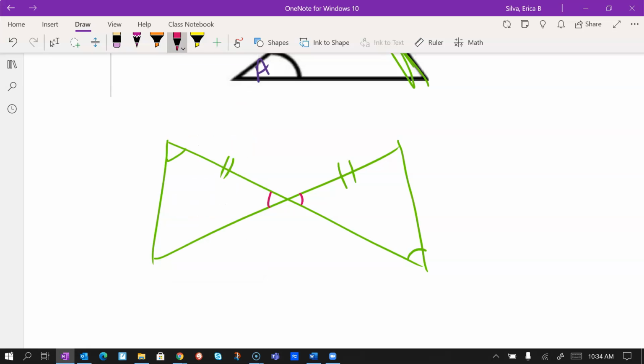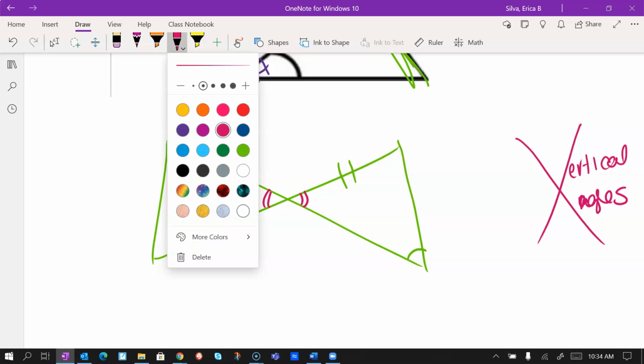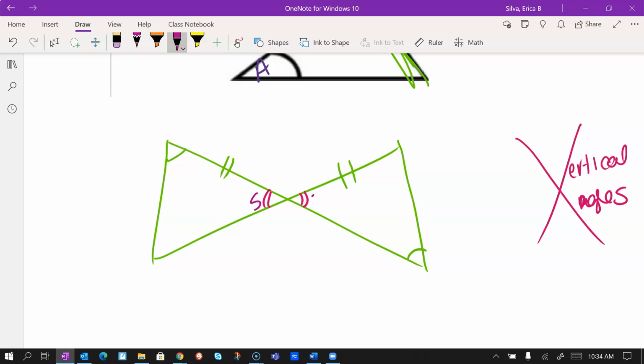We know that these two are vertical angles. Remember my vertical angles. So this angle is congruent to this one. And here we have two angles that are congruent. This angle is congruent to this angle. This one is congruent to this one. And this side is congruent to this side.